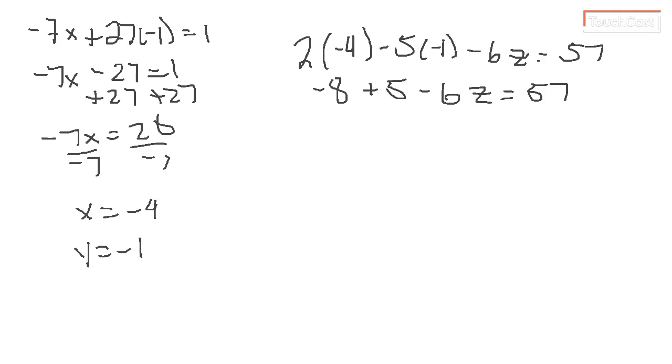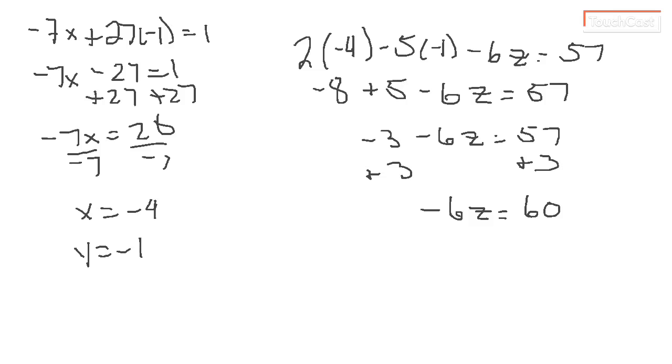So we can combine negative 8 and 5, get negative 3 minus 6z equals 57. If we add 3, we're going to get negative 6 times z equals 60. So divide by negative 6, we're going to get z equals negative 10. So our ordered triple is going to be negative 4, negative 1, negative 10.